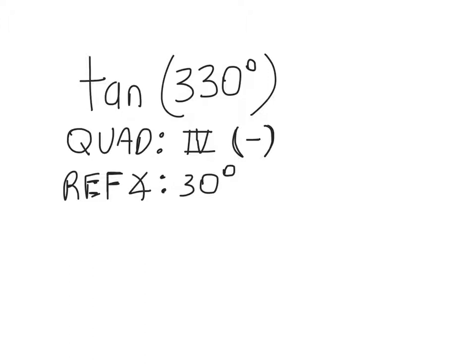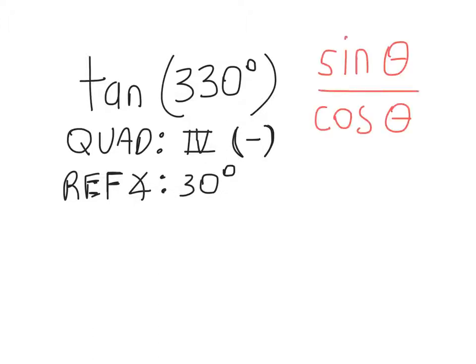We get that by subtracting 330 degrees from 360 degrees. I use my identity that tangent of an angle is equal to the sine value divided by the cosine value. So the sine value at 30 degrees is a half, and the cosine value at 30 degrees is square root of 3 divided by 2.